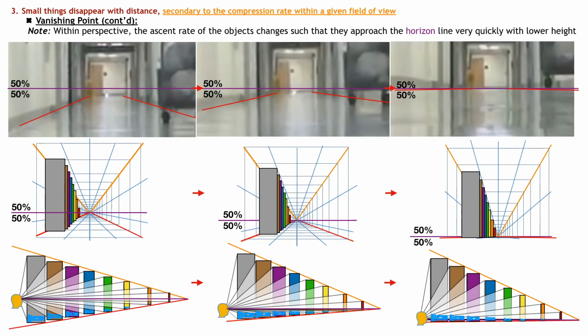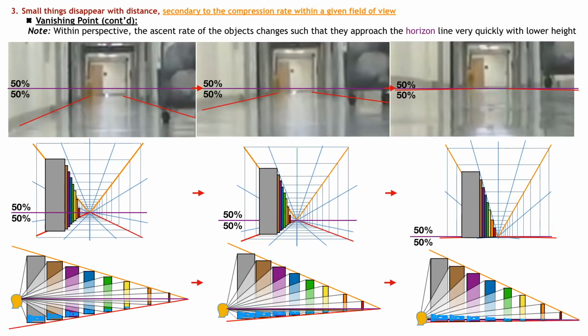So these red lines here are at the corners of where the floor meets the wall on the left and right side. And as I lower my eye height downward, down to the floor, those corners start to approach the horizontal vanishing line. And again, you can represent that with a perspective diagram, which is in the middle picture.